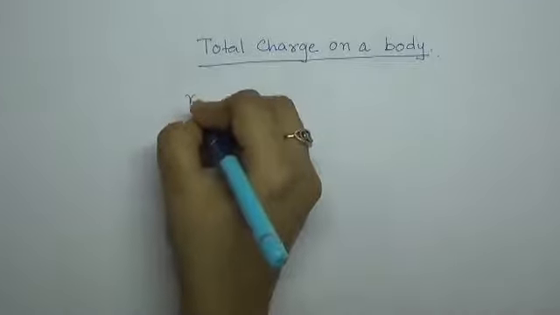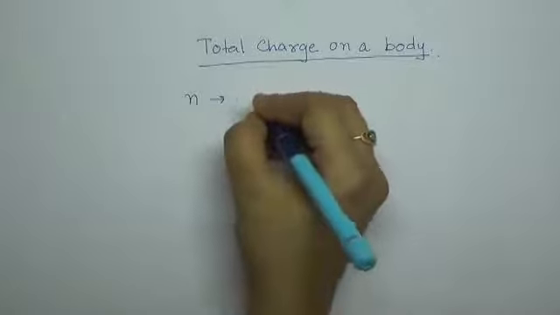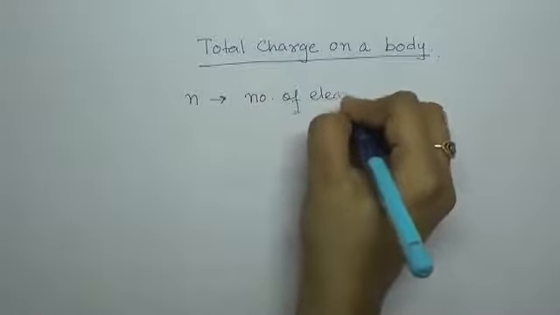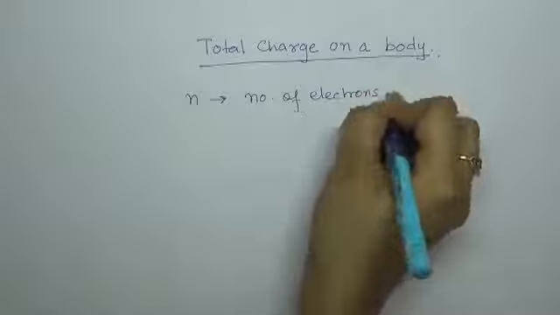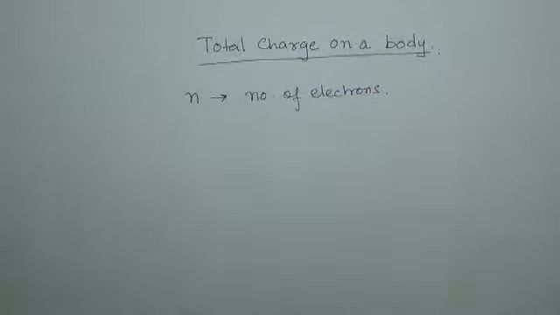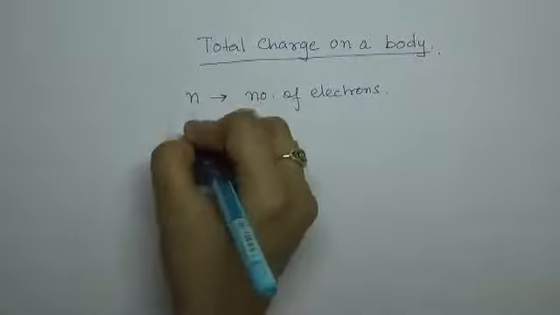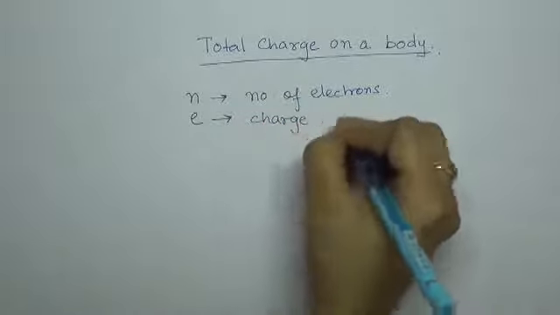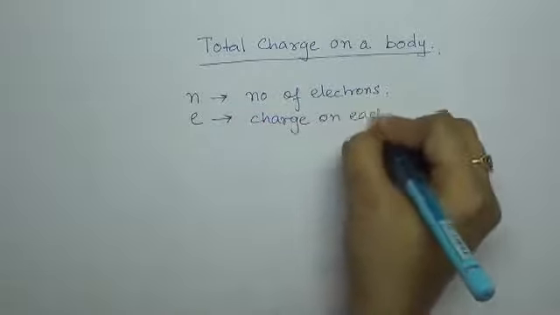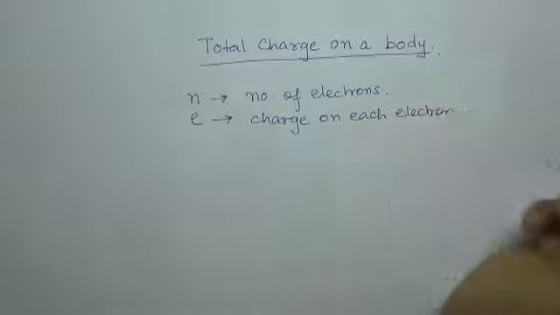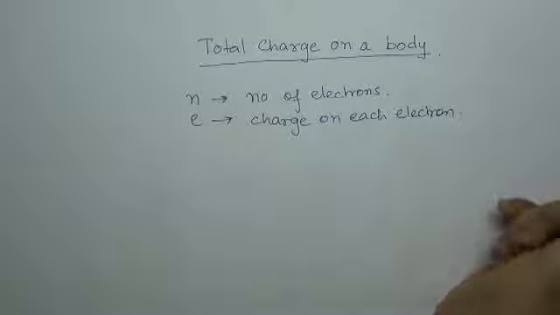Let n be the number of electrons in a body, and let e be the charge on each electron.